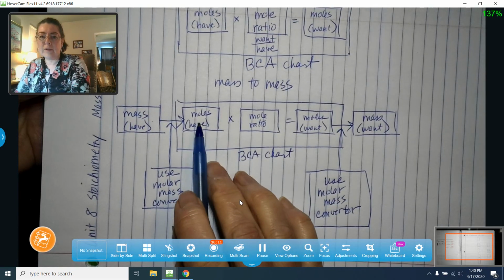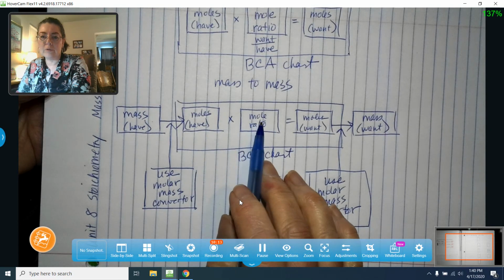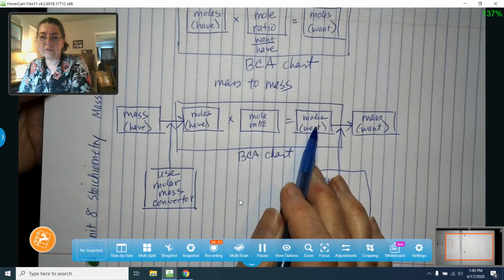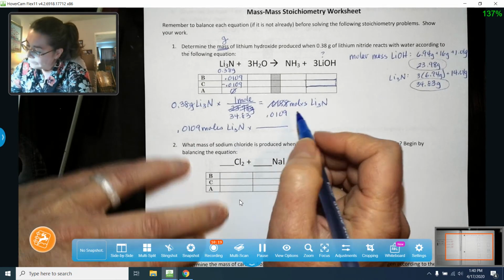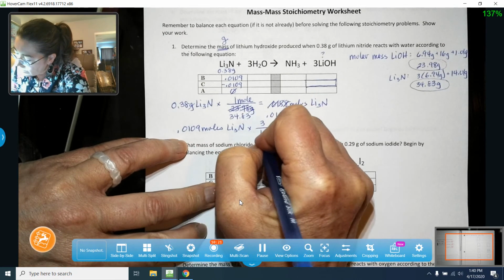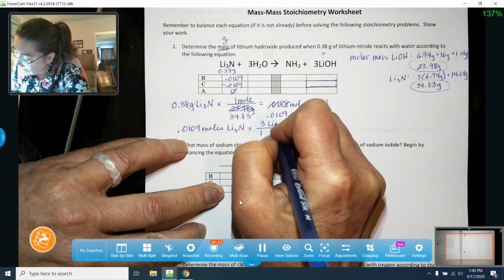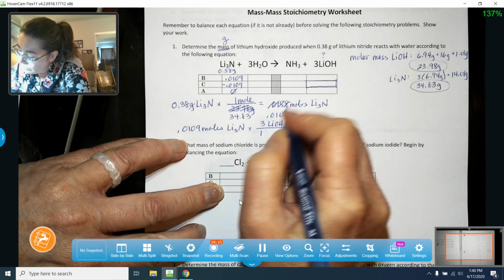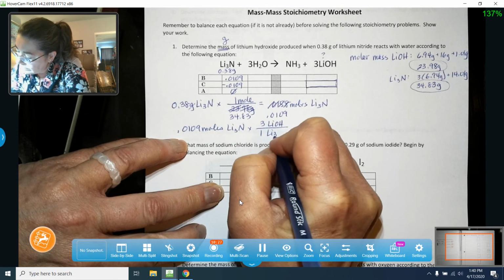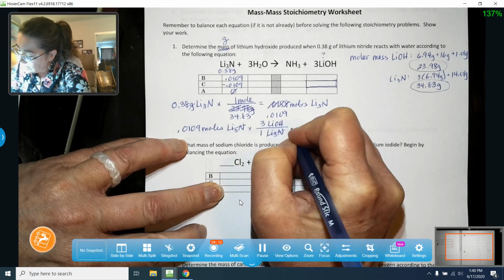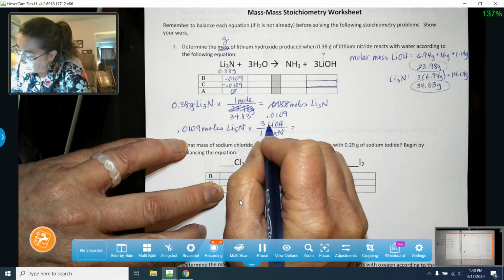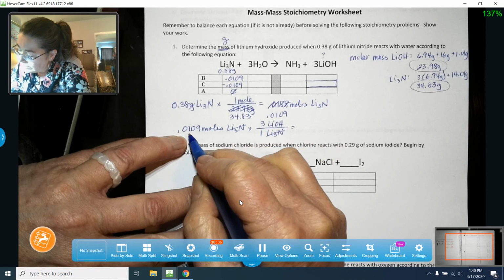And now we're on this step, right? We have this. We're going to use the mole ratio to find that. Okay, and it's a 3-to-1 ratio. 3 of these, LiOH, to 1 of those, Li3N, and let's double check. Li3N cancels out, and I'm going to be left with moles of this. So I'm going to take this times that.